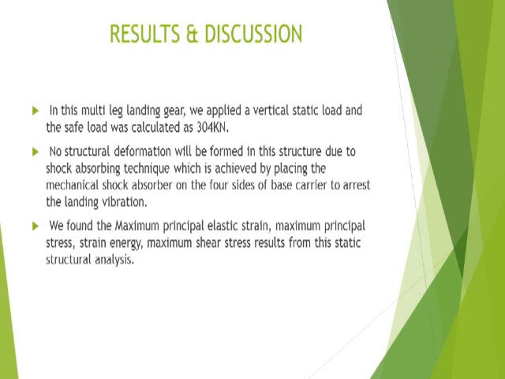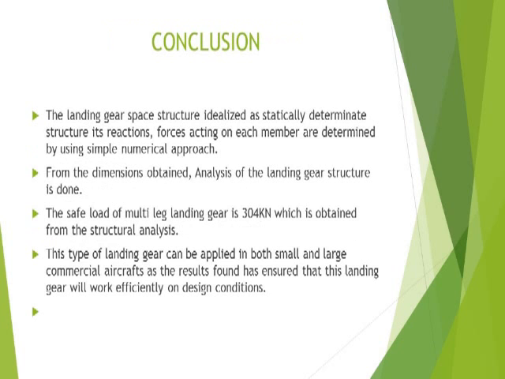This is the maximum principal elastic strain. This is the result of maximum principal stress. This is the strain energy which we have got from ANSYS. This is the maximum shear stress result. This is the maximum shear elastic strain result. Results and discussion.